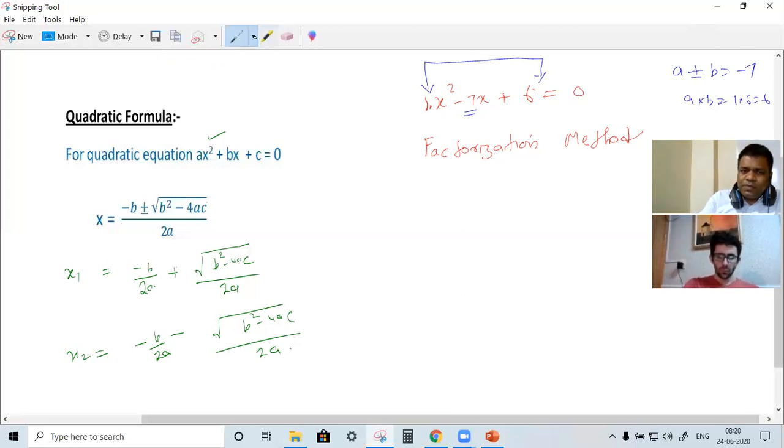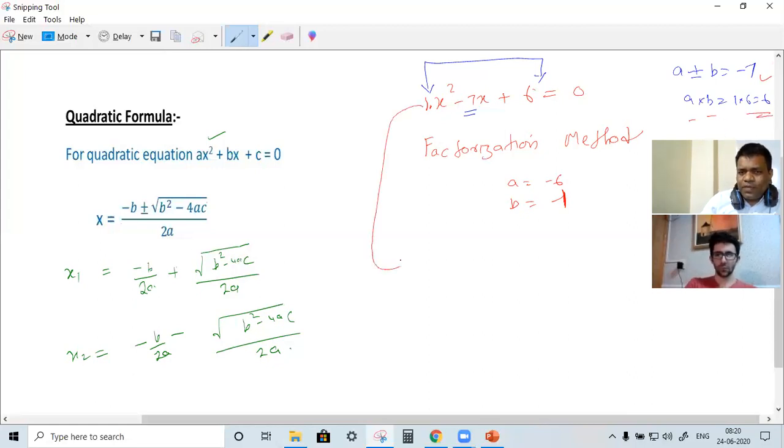So can you think of 2 numbers whose sum is minus 7 and product is plus 6? The possible numbers are a is equal to minus 6 and b is equal to minus 1. Now see, minus 1 plus minus 6 is minus 7, and minus 1 into minus 6 is plus 6.